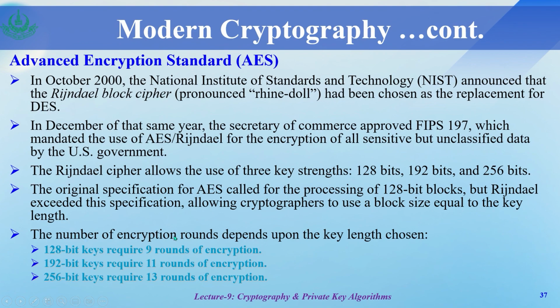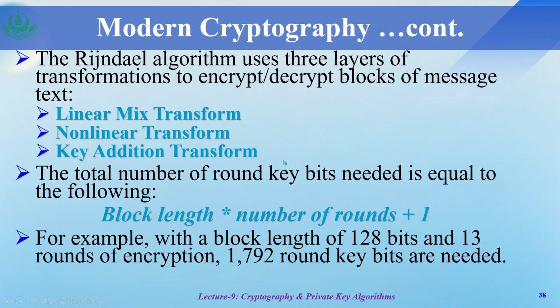The number of encryption rounds depends upon the key length chosen. A 128-bit key requires 9 rounds of encryption, while a 192-bit key requires 11 rounds. A 256-bit key requires 13 rounds of encryption.